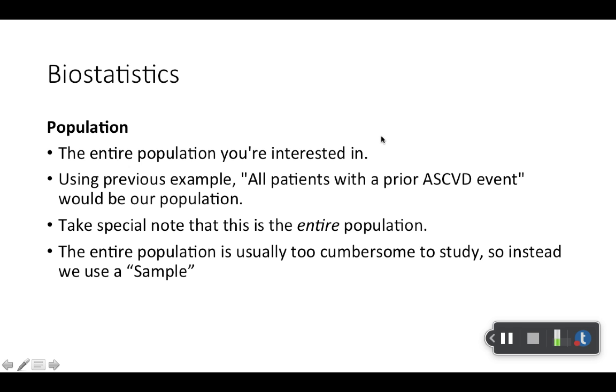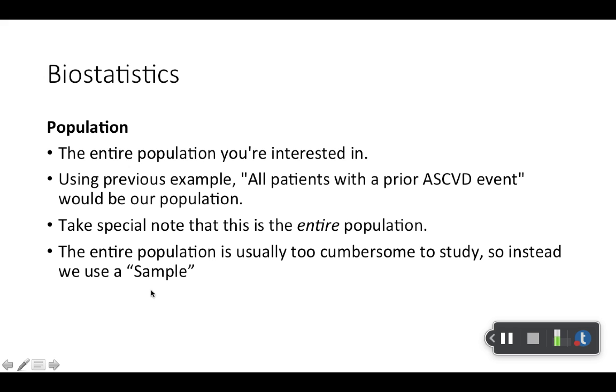Population. So this is just the population you're interested in, the people, the group, etc. So going back to that atorvastatin example, all the patients with a prior coronary vascular disease would be the population. And so this is the entire population. Again, it's just not feasible to study the entire population.